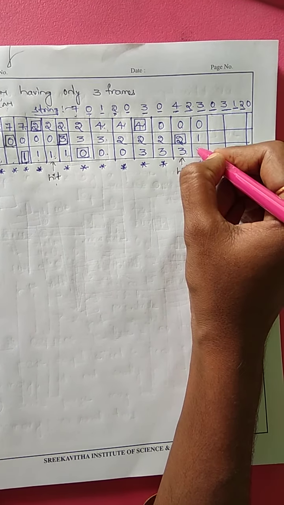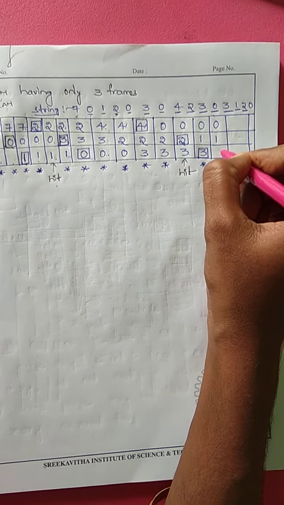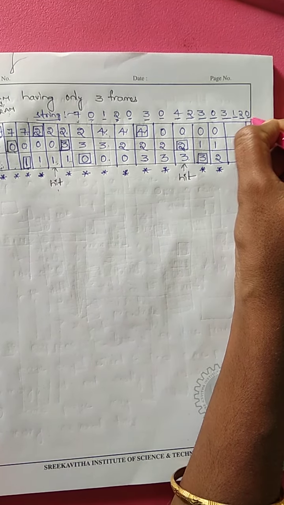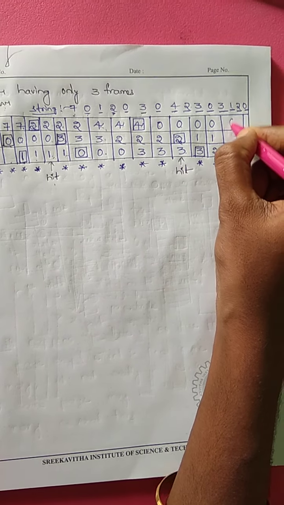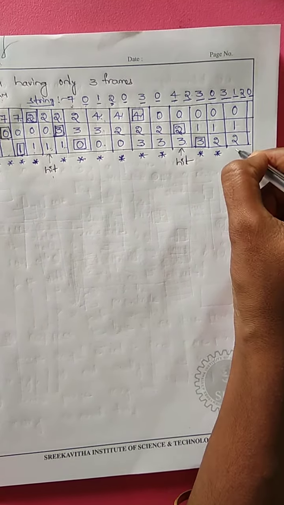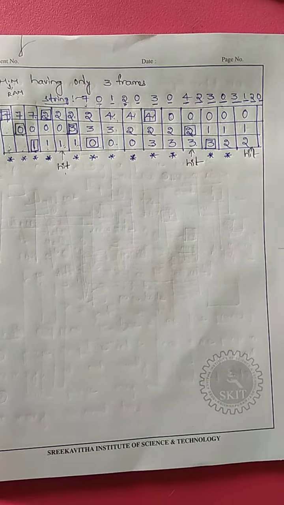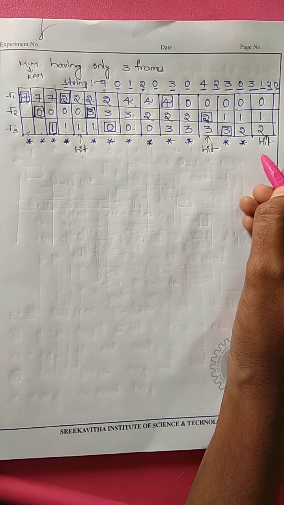But which page is to be removed? 3. 0, 1, 2. And the last page is 0. 0 is already there, so we can call it a hit. The demanded page is present in the main memory, so you can call it a hit.